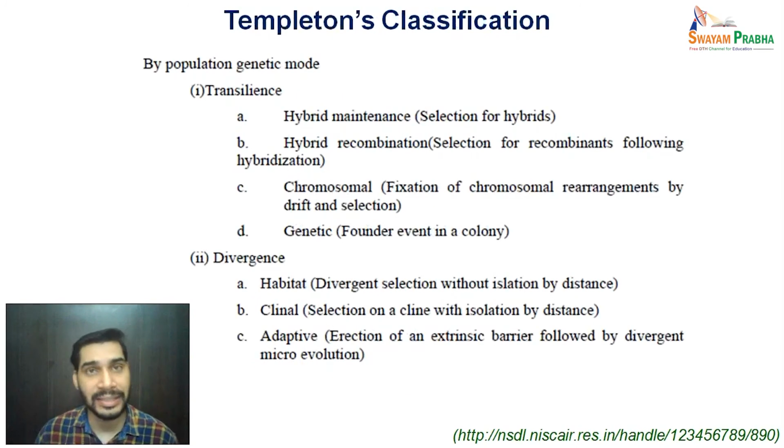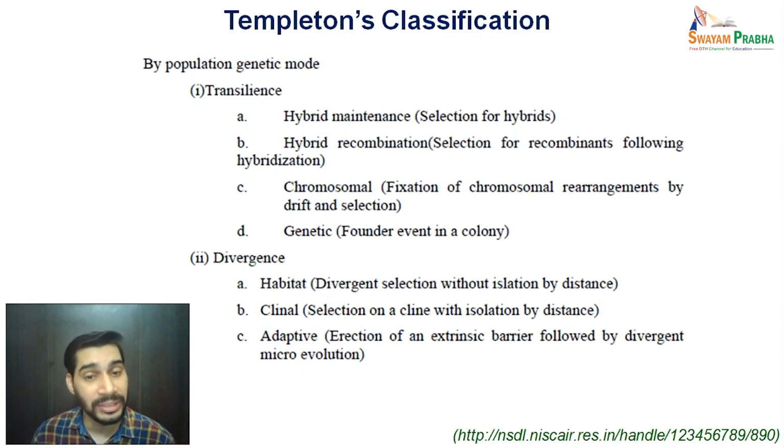The fourth classification is called as Templeton's classification. And this classification classifies the barriers according to population genetic mode, and it categorizes into transilience and the divergence. In transilience, there is a hybrid maintenance, hybrid recombination, chromosomal barriers, and the genetic barriers which do exist between two species.